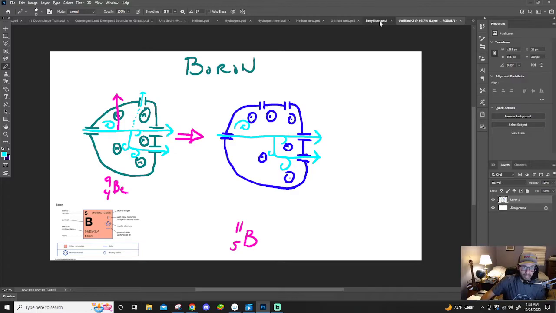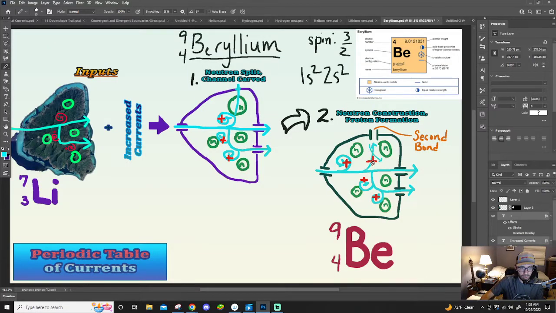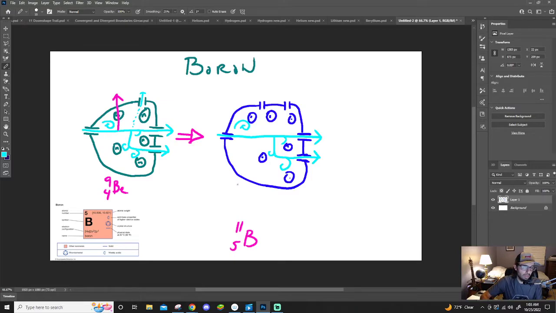Let's go back to beryllium, because I think I did draw one here, but then it probably just goes right up, runs into it and swirls around it. This positioning is probably not exactly perfect, but this would almost suggest every neutron should produce an eddy.